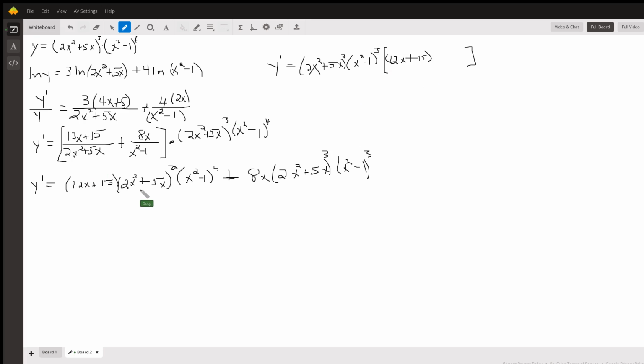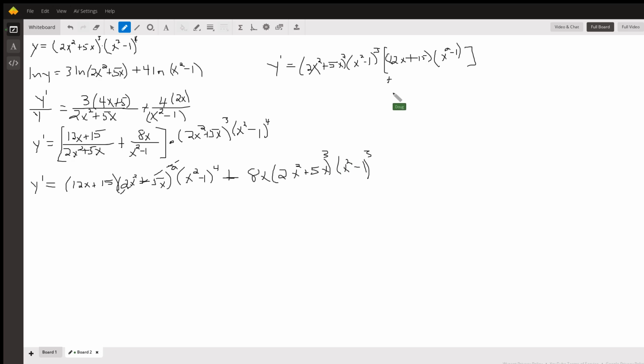I factored out all of these for both of those, but I've got an x squared minus 1. And I ran out of room here, so I'm going to just put a plus sign here. That's for this term here.